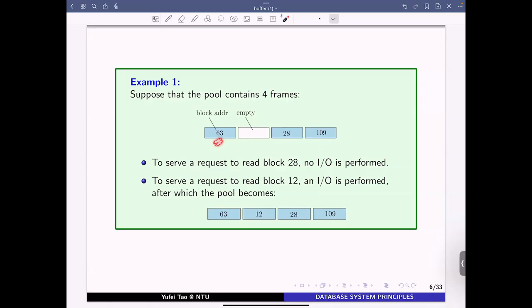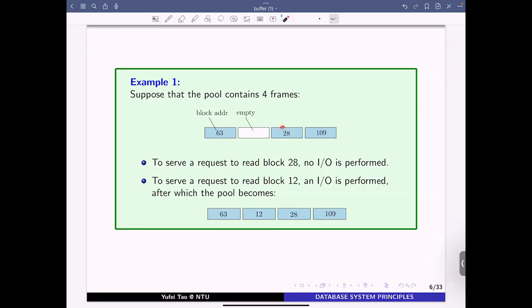This is 63, this is 28, this is 109. Now let's suppose that we receive a read request. This request is to read block 28.